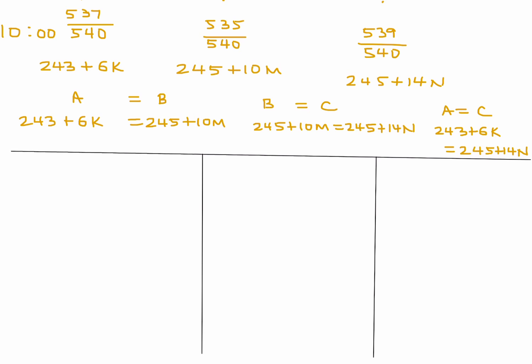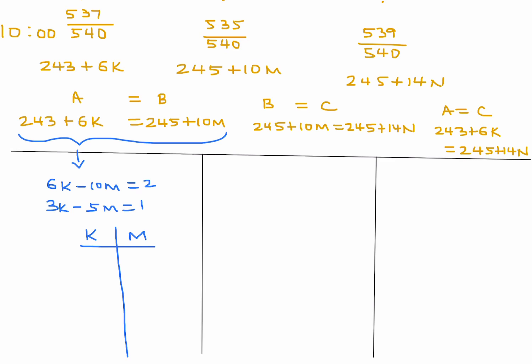All right, so here we go. The first one, this one right here, that one gives us 6K minus 10M is equal to 2. Divide through by 2, and I get 3K minus 5M is equal to 1. So now I'll make a little table, K and M, and try to get integer solutions.